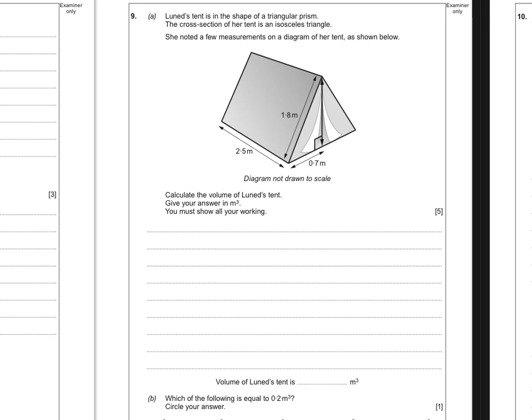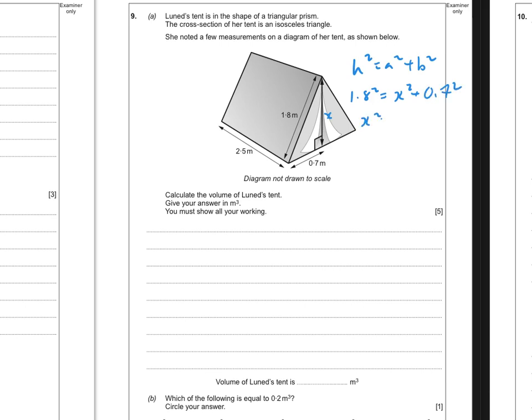So we know Pythagoras, h squared is a squared plus b squared, or you might know it in a different version with a's, b's and c's, but we should be able to follow this. We've got the hypotenuse of 1.8. We call the height x for a moment, and we know the b is 0.7 squared.